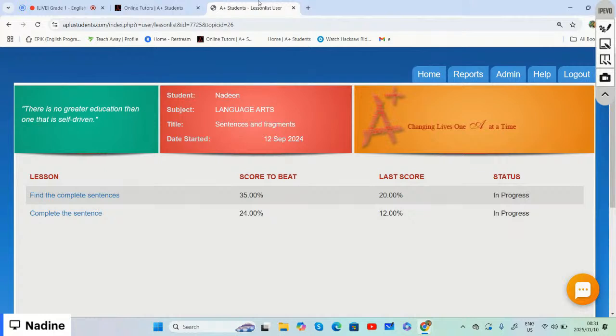All right, so when it comes to sentences and fragments, we're going to find the complete sentence, and then we're also going to complete the sentence.